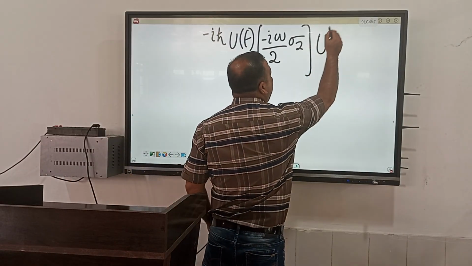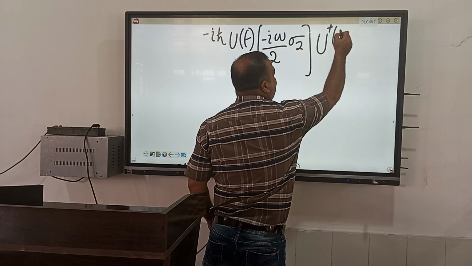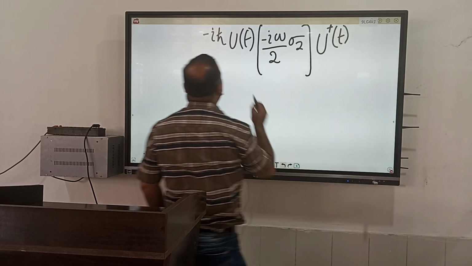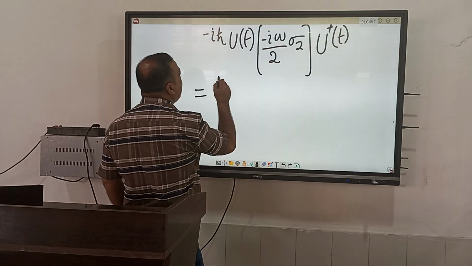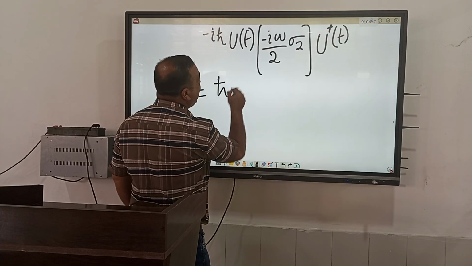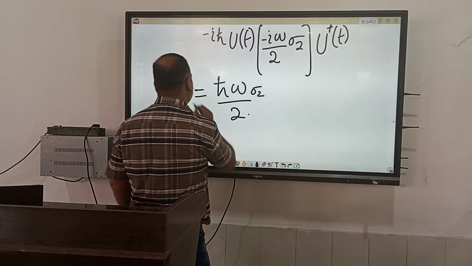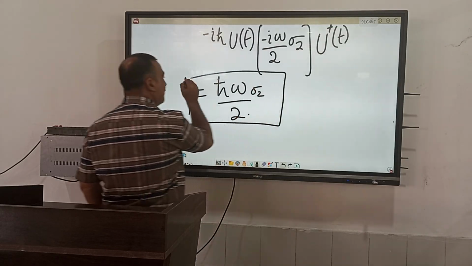So if we have not made any mistakes, this will lead us to h bar omega sigma z by 2. This is term number 1, okay?